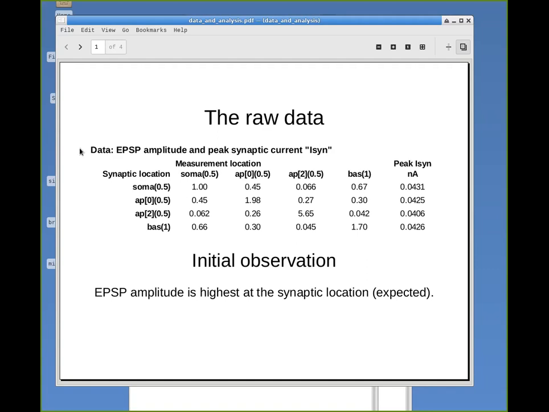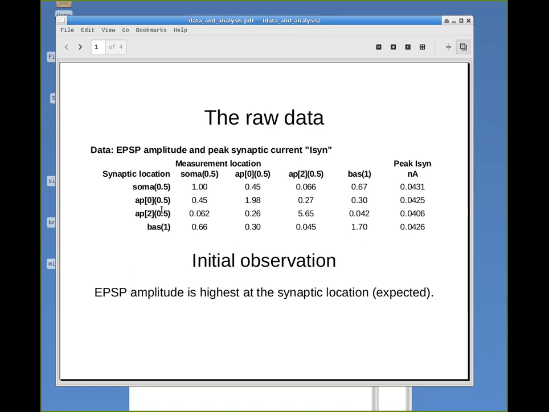You take one stimulus site and you record at all the recording sites, then you take a different stimulus site and you record all the recording sites' amplitudes and throw those into a table. But this now I think makes more sense, a matrix arrangement where the rows correspond to synaptic locations and the columns correspond to measurement locations.